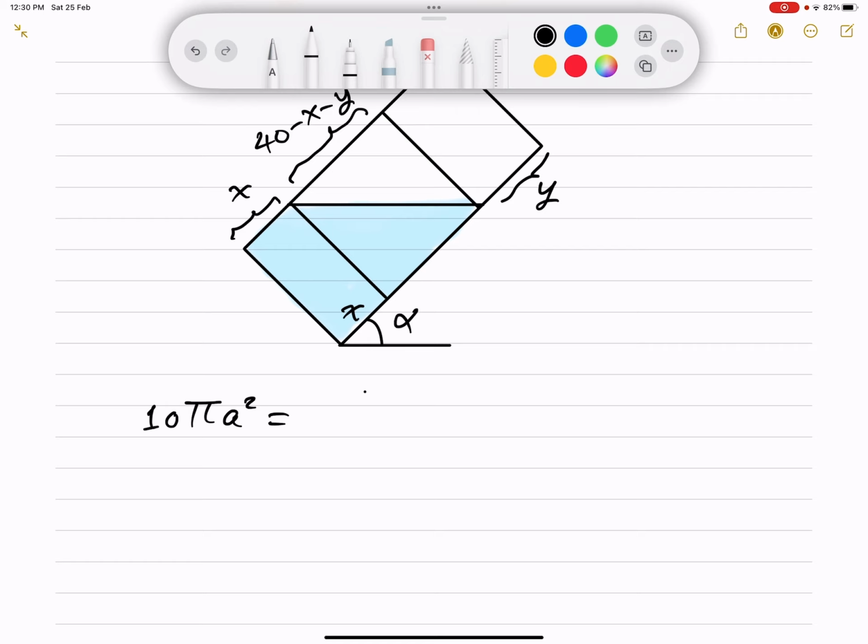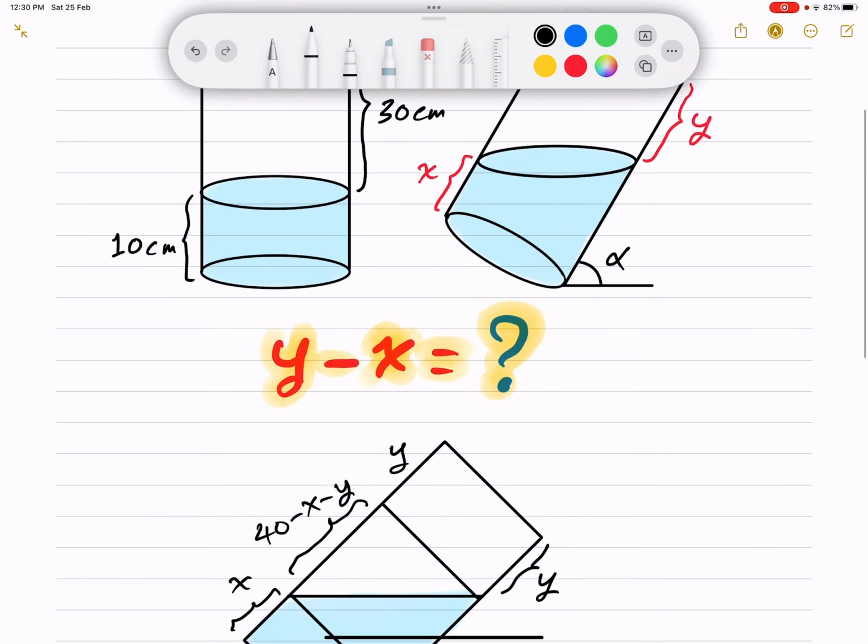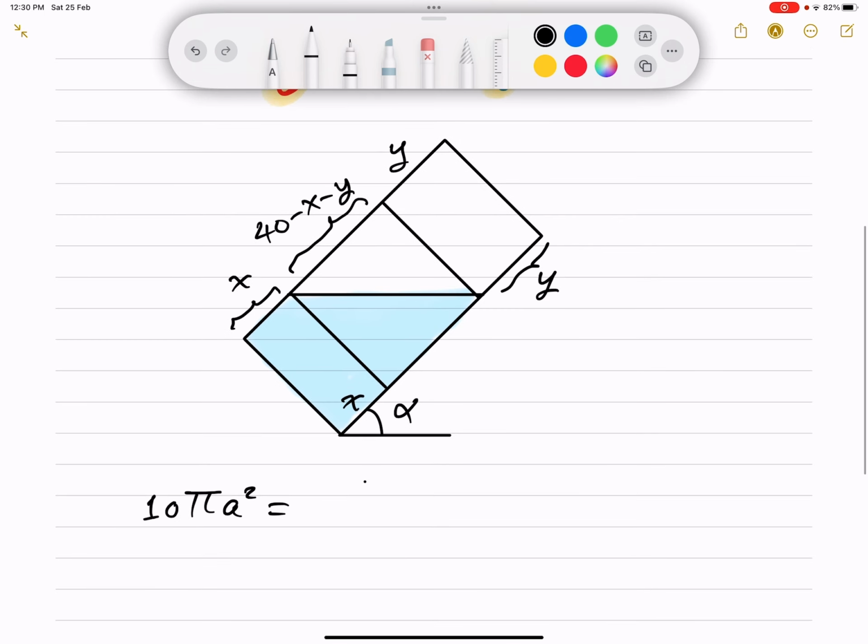The volume of the water on the right-hand side is going to be this volume, which is nothing but, let me highlight it in yellow, this part here, which is again the area of the base, pi a squared, multiplied by the height, which is x, plus the remaining volume, which is basically going to be half of this whole cylinder.